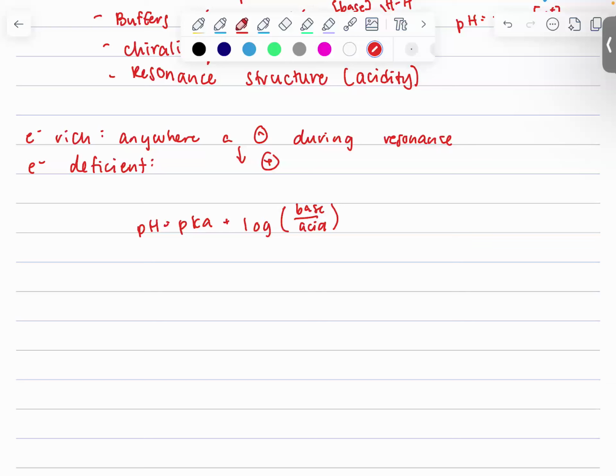That's because what he does is he subtracts the pKa from both sides. And because you're dealing with a buffer where the pKa is what you base your pH off of, they even out. And that's how you get from that to 0 equals log of base over acid.